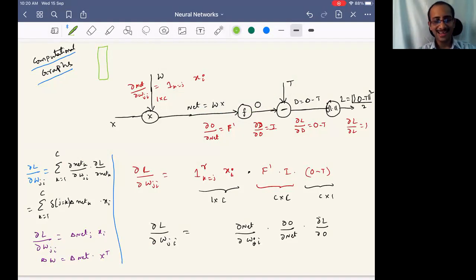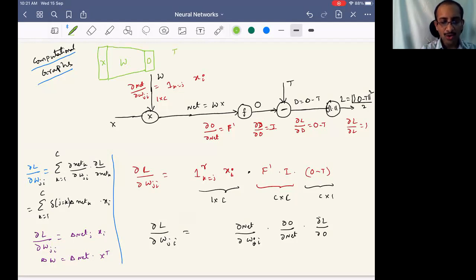Where is this setting or framework for getting the output? From a neural network. This is a neural network framework. So you have x here, W here, and O here, and the ground truth T here.